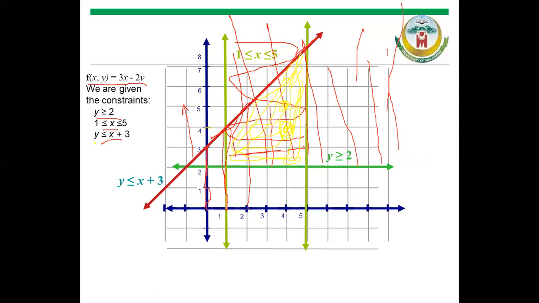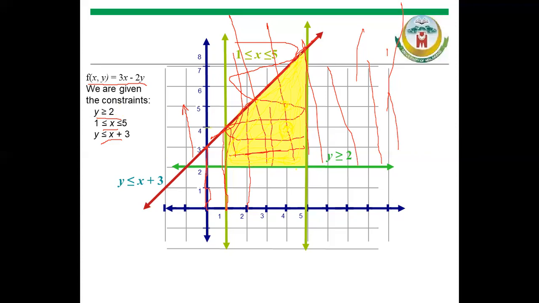It means that y is less than or equal to x plus 3 in this whole region. So now when we draw these constraints, we get this region. This is the region which we get after plotting all these constraints.